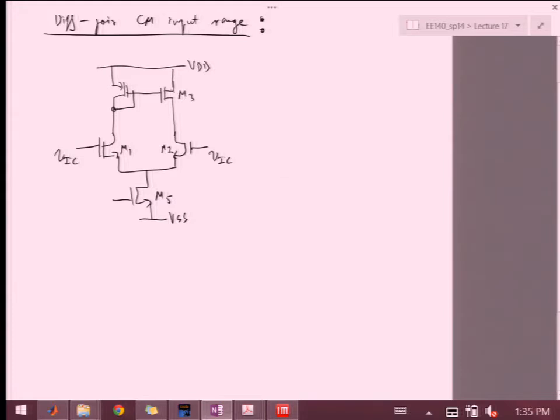Let's say M3, let's say M4. Okay, let's take a look at this situation. What is the range of VIC? And then we'll also take a look at what's the range of the output that I can achieve, so that I can get this circuit in the desirable region of operation where I can actually get some amplification going.